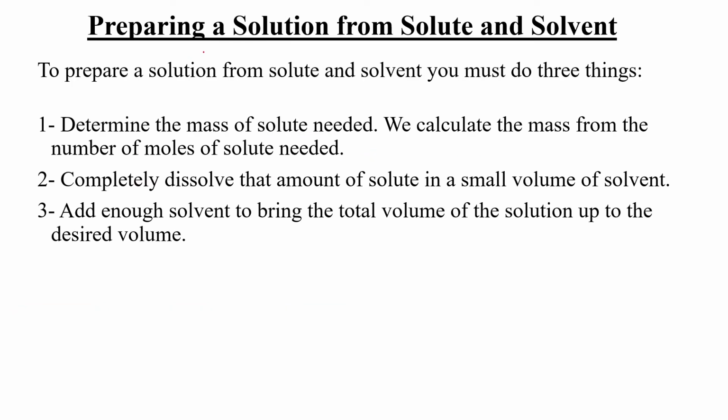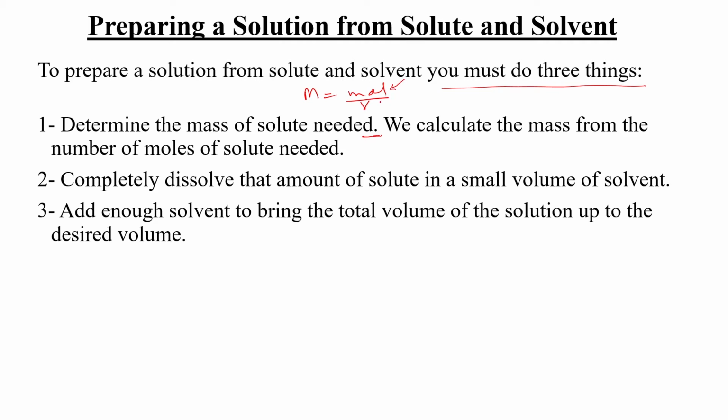Our next topic is preparing a solution from solute and solvent. To prepare a solution from solute and solvent, you must do the following 3 steps. Step number 1 is to determine the mass of the solute needed. Remember, the formula for molarity is M equals moles over volume, right? In this formula, we have moles, and you can find moles from this formula.